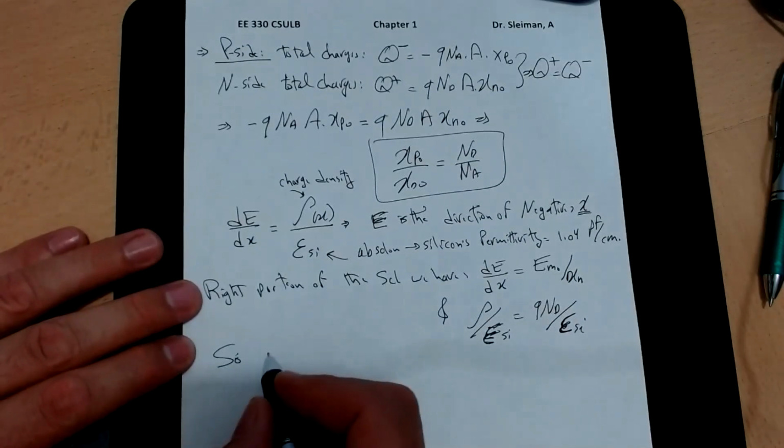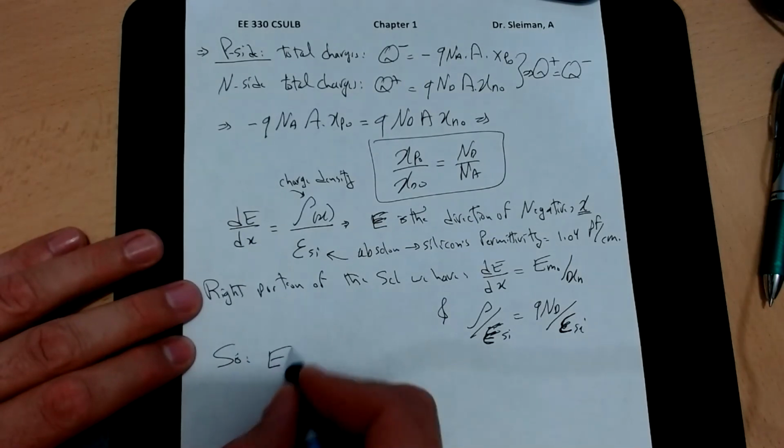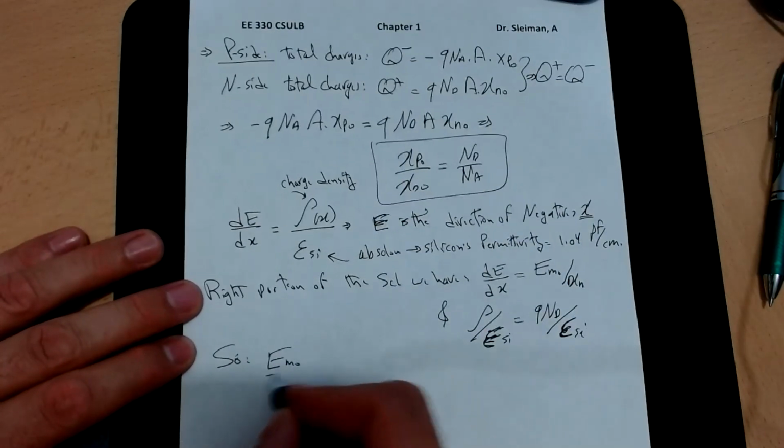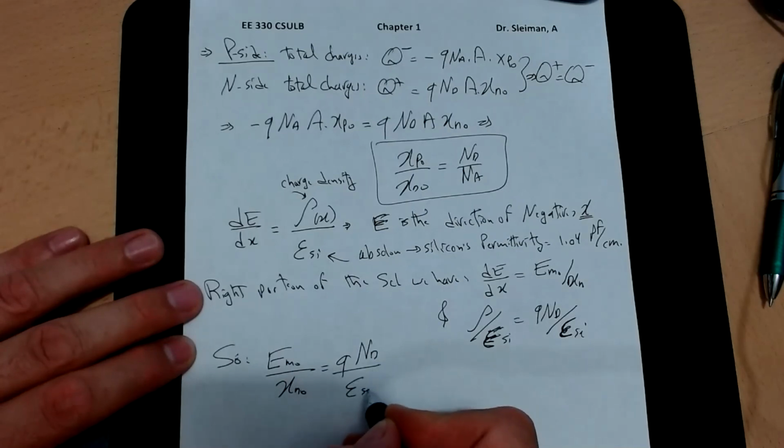So Em0 divided by xn0 is equal to q ND divided by epsilon Si.